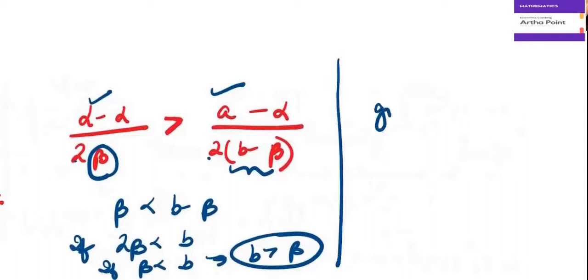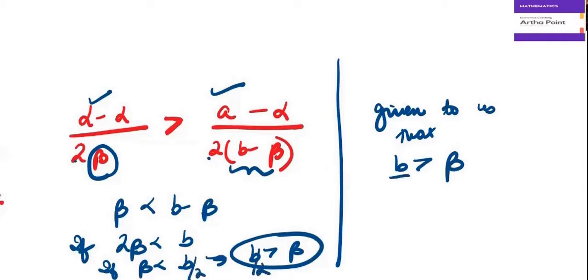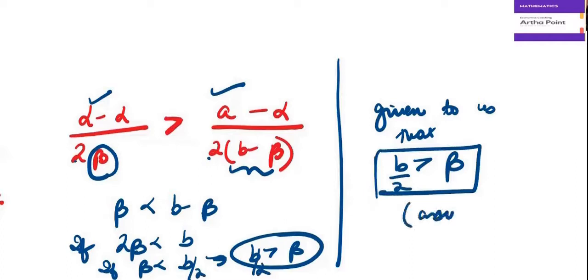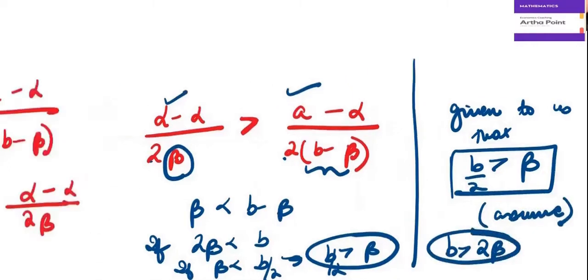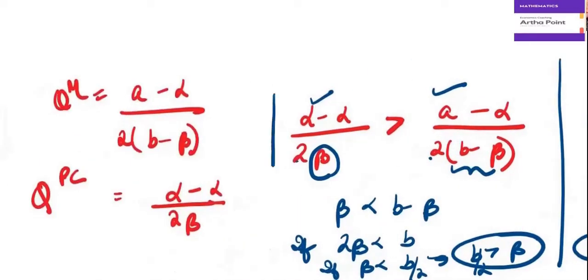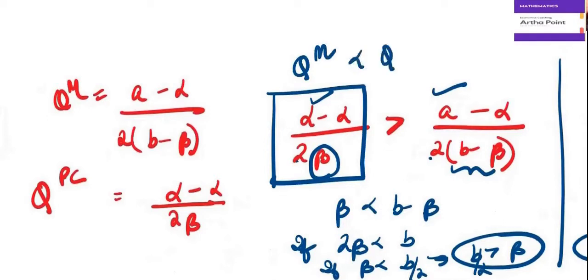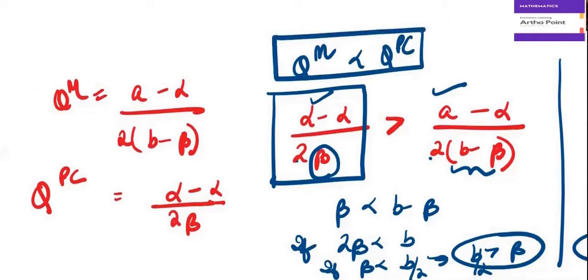So this is given to us that B is greater than 2 beta, and I am going to assume that this is true. Given that B is greater than 2 beta, the equilibrium quantity of the monopoly is less than the equilibrium quantity of the perfectly competitive firm.